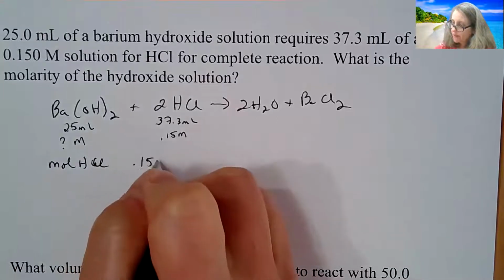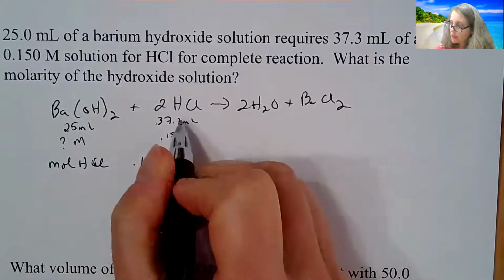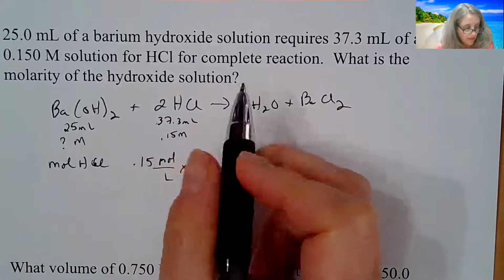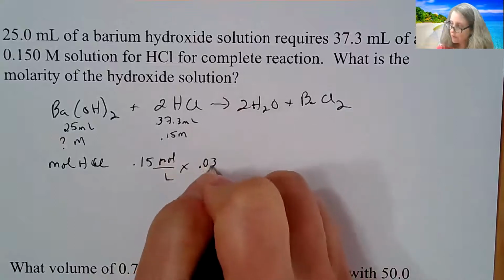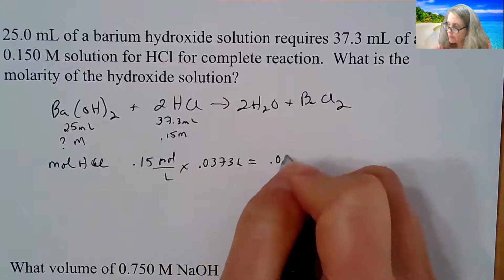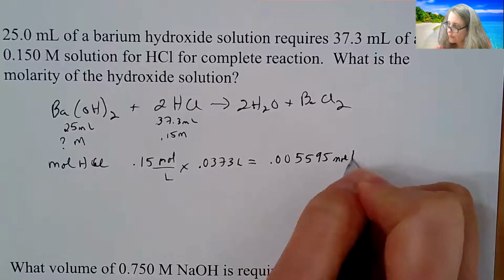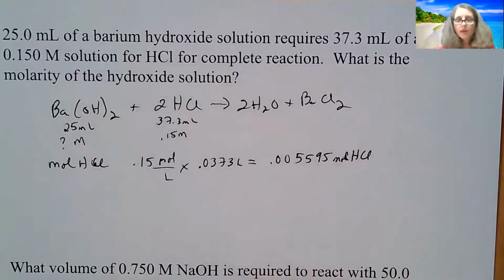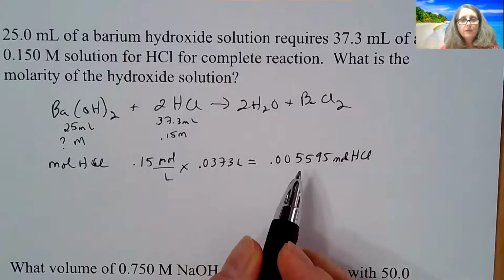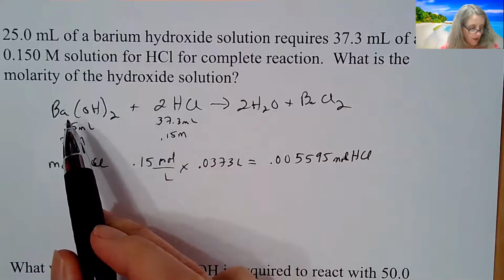So I have 0.15 moles over liters, and I'm going to multiply that by the 37.3 in liters, so it's 0.0373 liters, and so I end up with 0.005595 moles of HCl. Okay. Well, if I have that many moles of HCl, that's in a 2-to-1 relationship with the barium hydroxide.